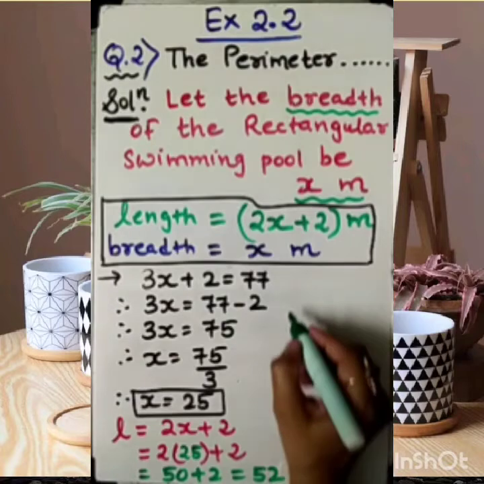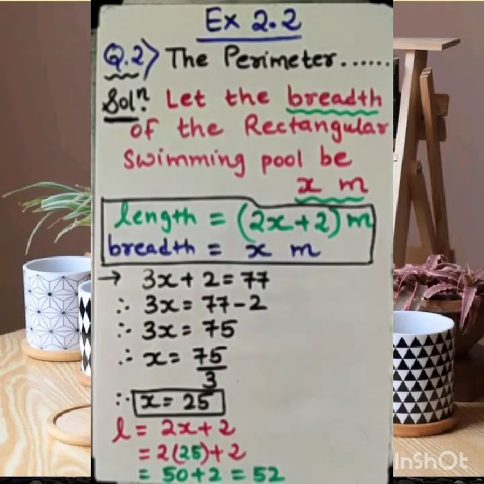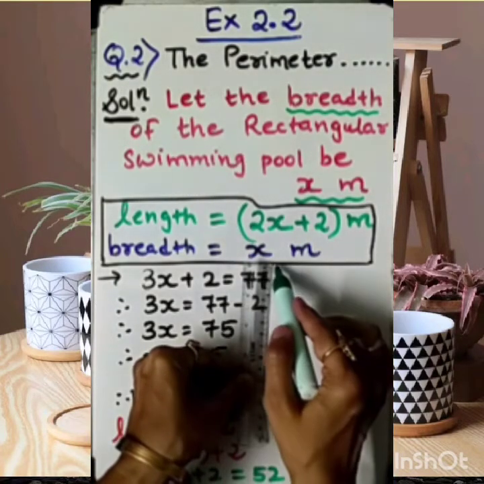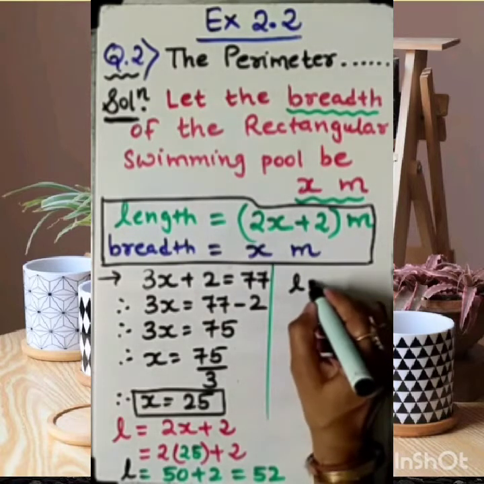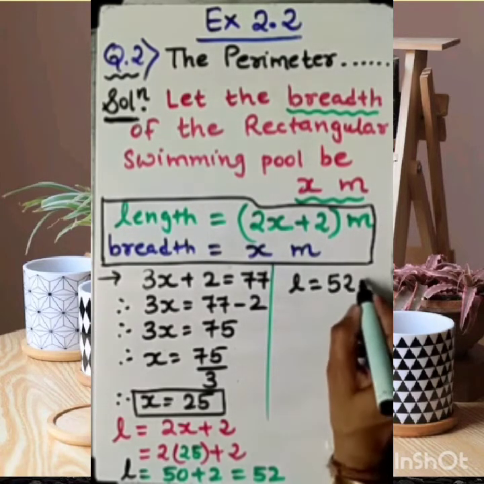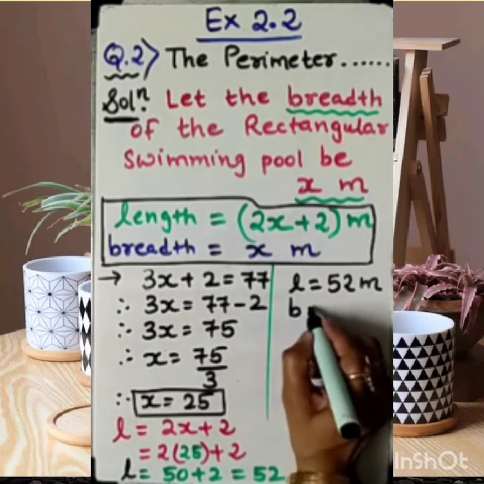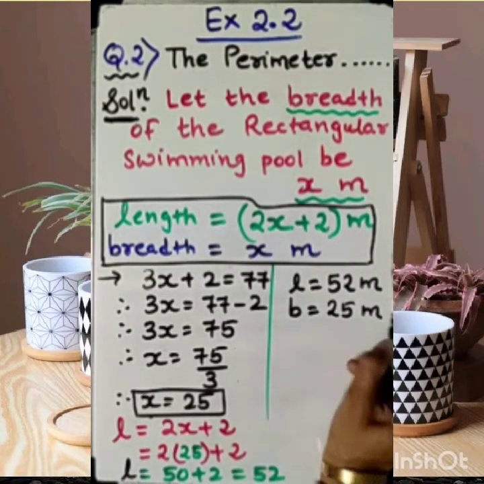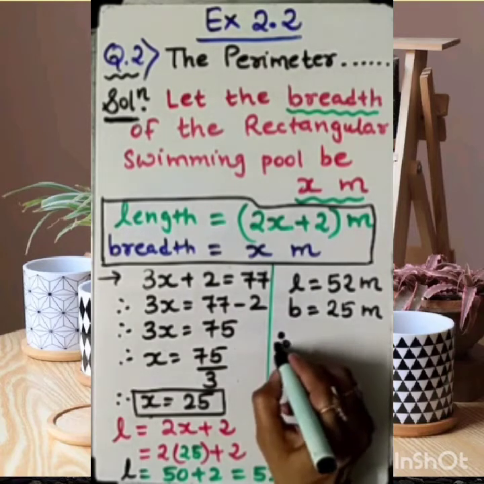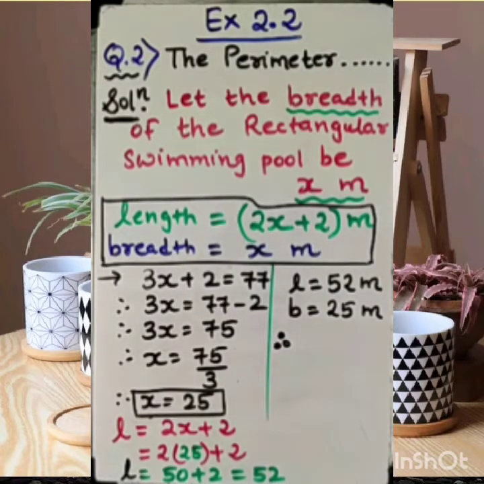Before I write the answer, I need to mention what length and breadth we got, and then we will write it in statement form. So length is coming, length equal to 52 meter, and breadth we have already found, that is x, that is 25 meter. Therefore we need to write the final answer in statement form.